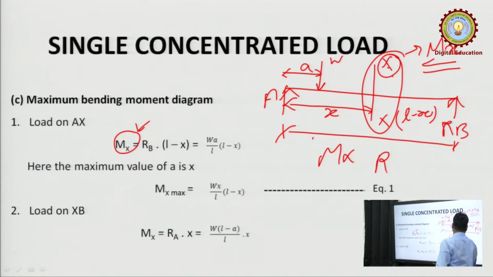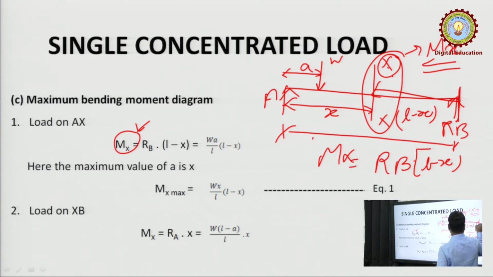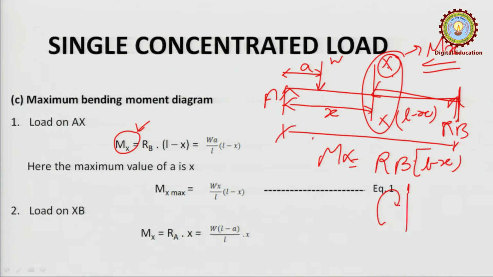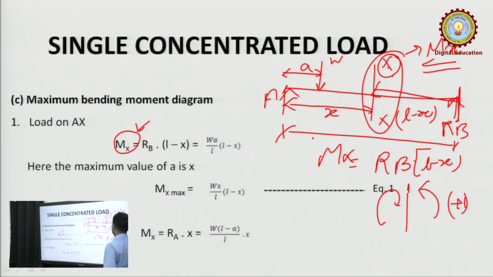What will be the equation for the moment? RB into L minus x, the force RB into this distance. And what will be the sign? The force is going in the anti-clockwise direction, but in that case we are taking positive. Why? This is the sign convention. If the section is on the right side, then we have to take the moment on the positive side.